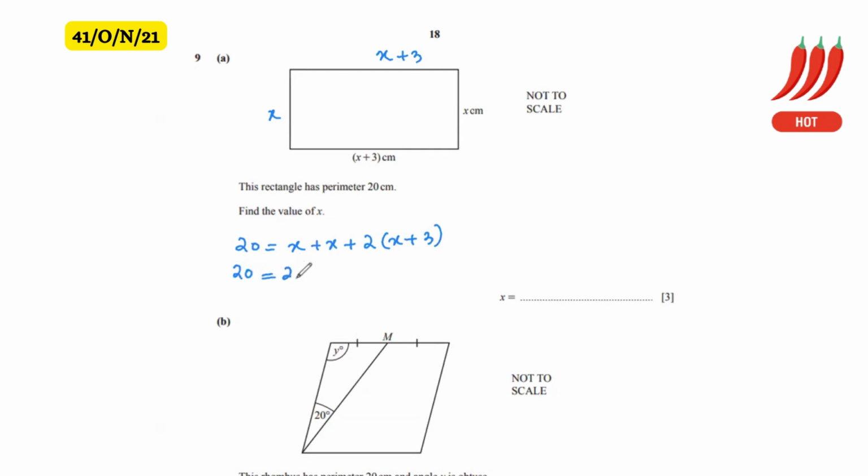That is 20 equals 2x plus 2x plus 6, which is 4x plus 6. Bring the 6 to the other side. So 20 minus 6 equals 4x. 14 equals 4x. Divide both sides by 4. And x is going to equal 3.5 centimeters. That's your answer.